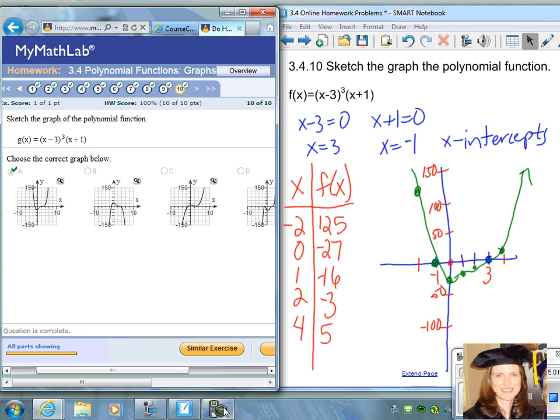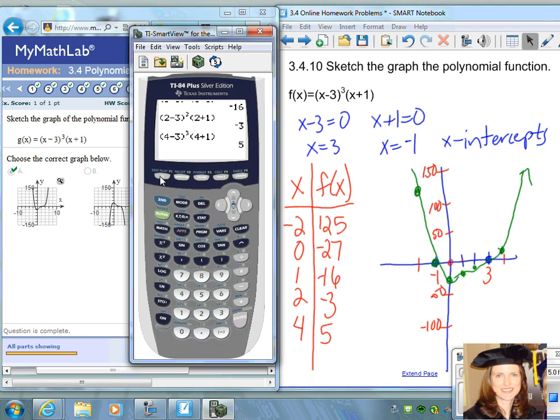Another thing you can do if you have the graphing calculator is you can plug in the original polynomial function, press the y equals, and enter the equation exactly how you see it with the parentheses. And then I usually start off with a standard zoom. When you do that, however, you don't see all that detail in the graph.